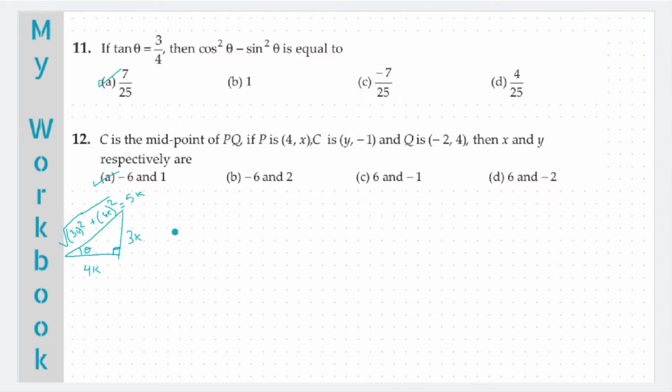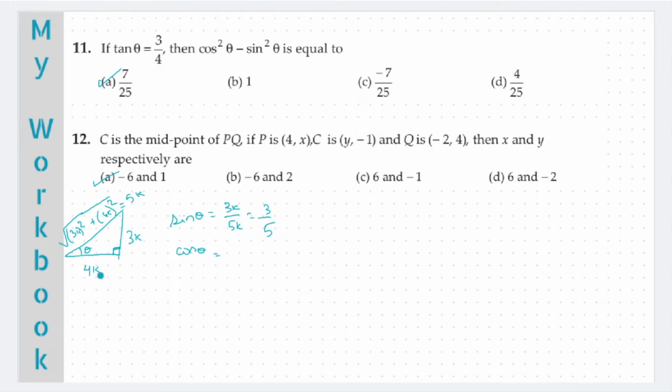Now we need to find what is sine theta and cos theta. Sine theta is opposite side by hypotenuse. So it is 3k by 5k, which is 3 by 5.